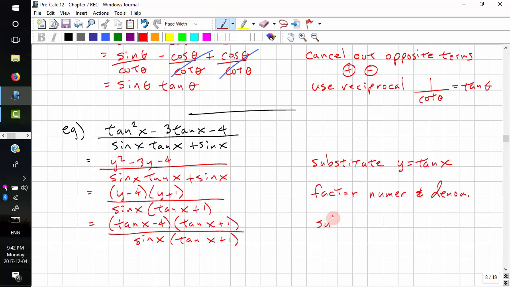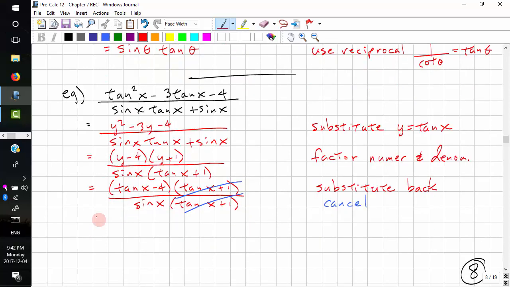I'm going to substitute back, and we're going to cancel. So now we have tan x minus 4 over sine x.